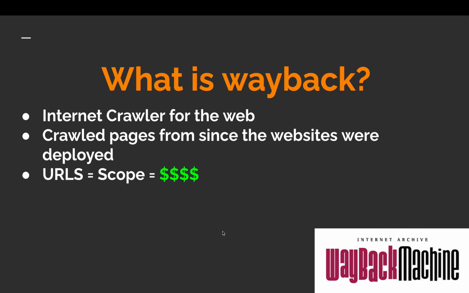Now, before installation of any tools, let us quickly discuss Wayback. Wayback is also known as the internet crawler for the web. It basically crawls all the web pages of the websites that have been deployed, which means not only does it crawl the web pages, it saves the URLs with itself.